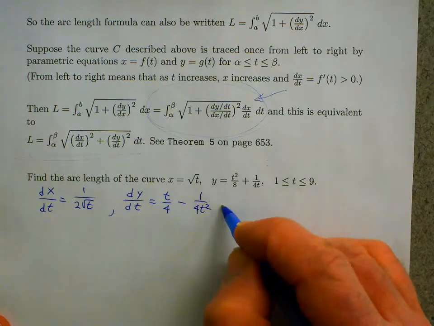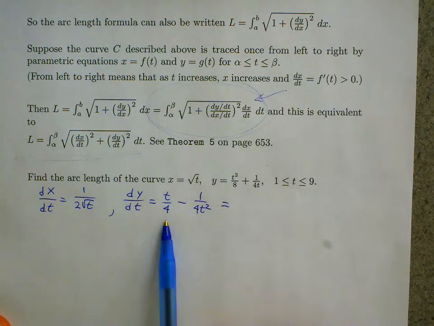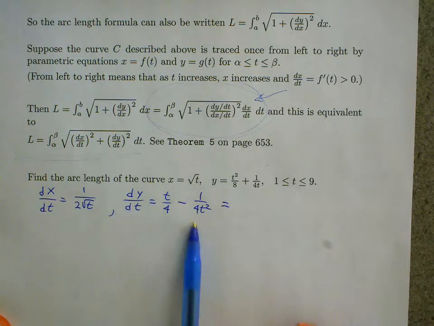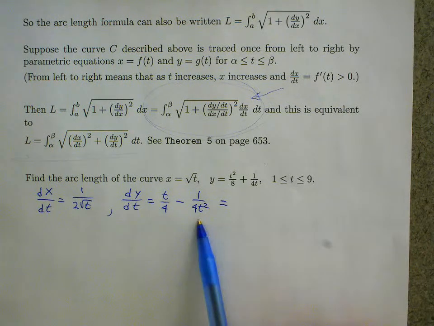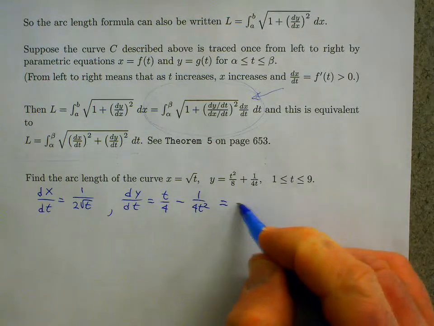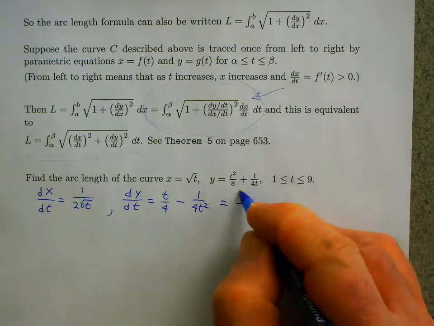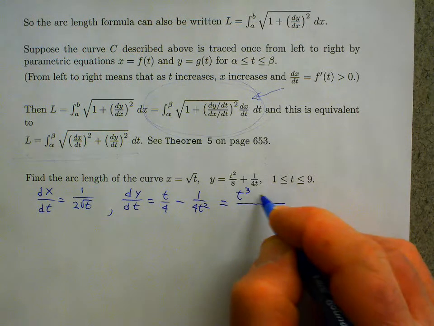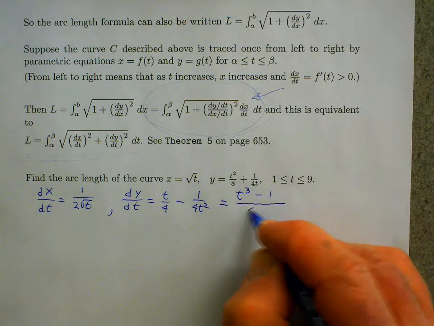So let's write dy/dt as a single rational expression with a denominator of 4t squared. So we'll get t cubed minus 1 over 4t squared.